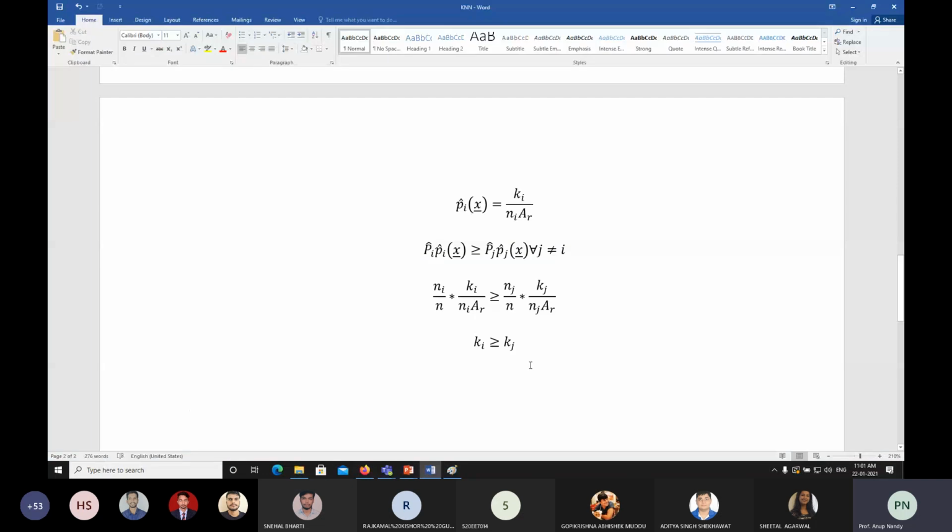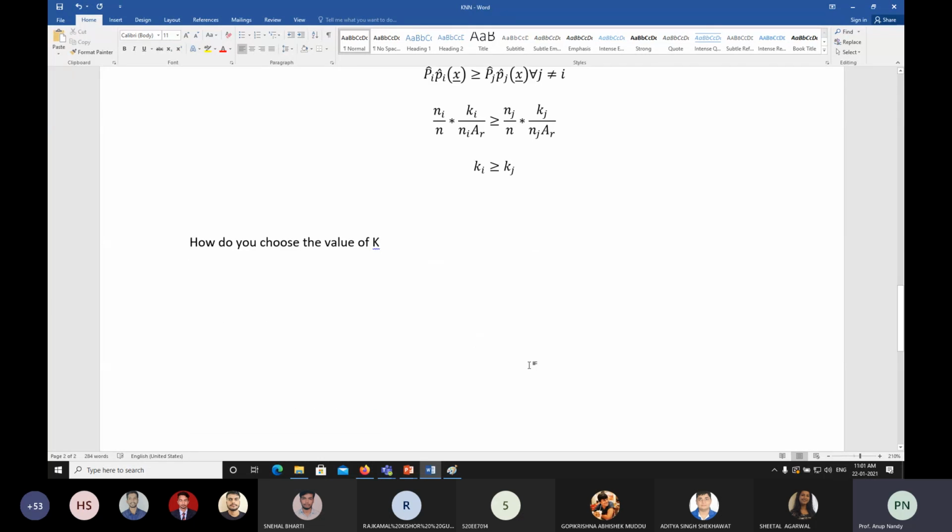How do you choose the value of k? If k is not given to you, then what will be the optimal value of k? There are different methods for choosing the value of k.